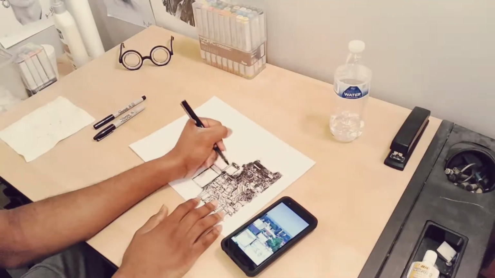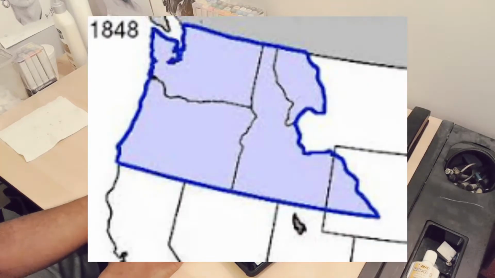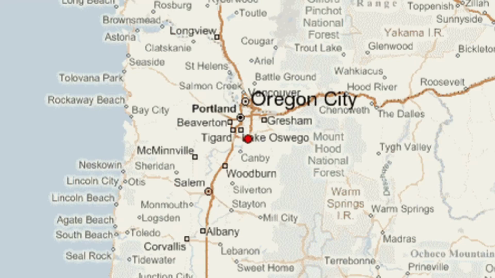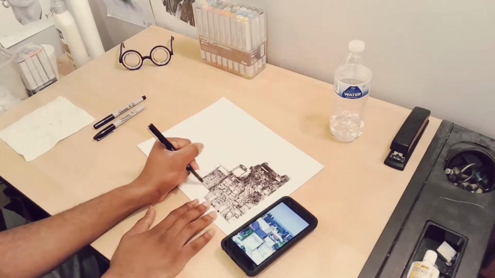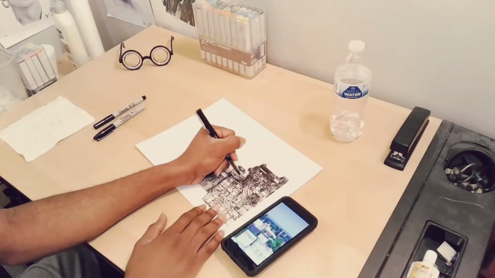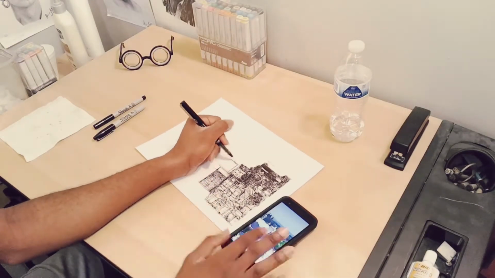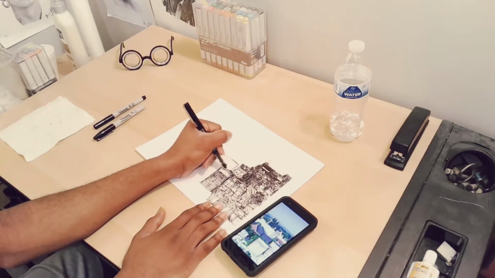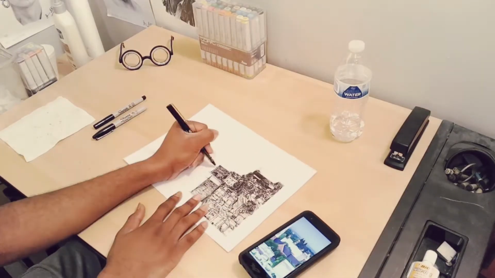In 1851, Salem was the capital of the Oregon Territory, after Oregon City. In 1855, the capital got transferred to Corvallis, then back to Salem in the same year. The Oregon Territory eventually became the state of Oregon in 1859, and Salem remained the capital.